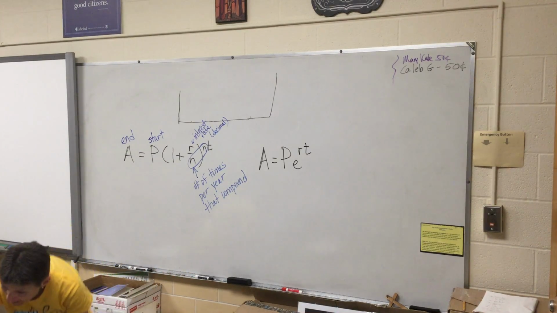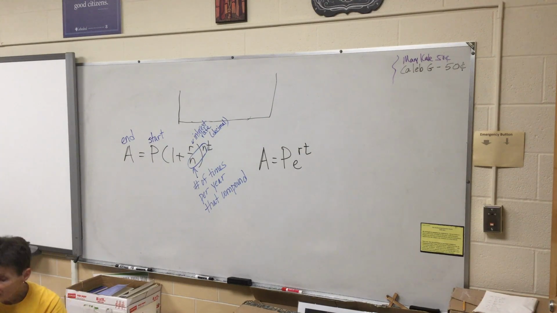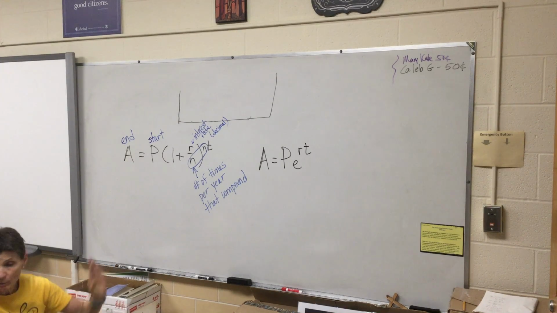If you get a bank statement monthly, that means your interest is compounded monthly, and your N would be 12. 12 months in a year. If you have an account that you get statements quarterly, that means 4 times a year, so your N would be 4.